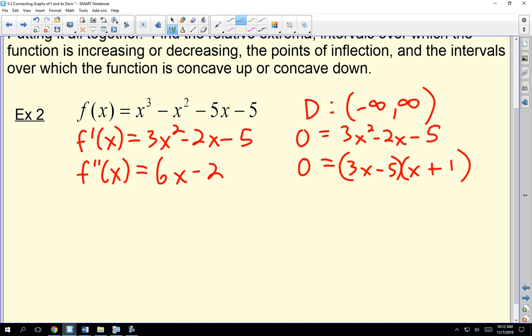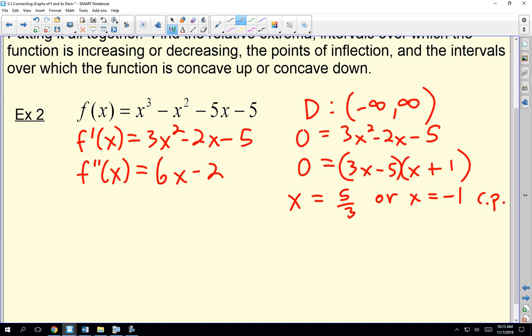In the textbook, they have a little gray shading over the ones that you should be able to do without a calculator. So that means quadratic factorable. I think if it was the quadratic formula, it would be unshaded, so you have to use a calculator to get the decimal approximation. Okay, so x equals what or what? We got 5/3, right? Or x equals -1, and we call those critical points. Those are C's. Just put a little note there. Those are critical points.